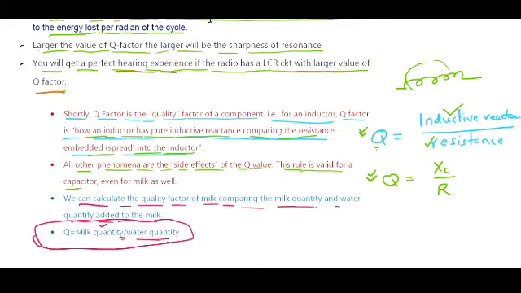If more water is there, then the quality is low. If more capacitive reactance is there, then the quality factor of that capacitor is very large. If more inductive reactance is there, then the quality factor of the inductor is large. In this way we can define the quality factor.